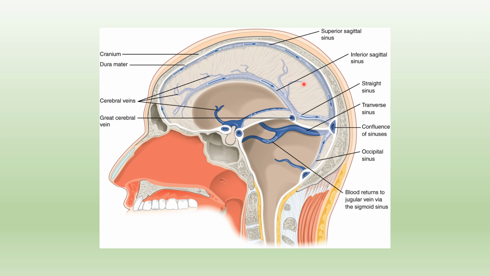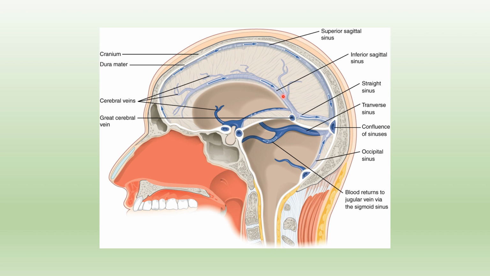So, like we said, the fluid leaves the blood in the arteries, forming the cerebrospinal fluid. How do you get it back? Well, here's your superior sagittal sinus, here's the inferior sagittal sinus. And you see this is all going to start to flow towards the back along here. Here's a straight sinus.